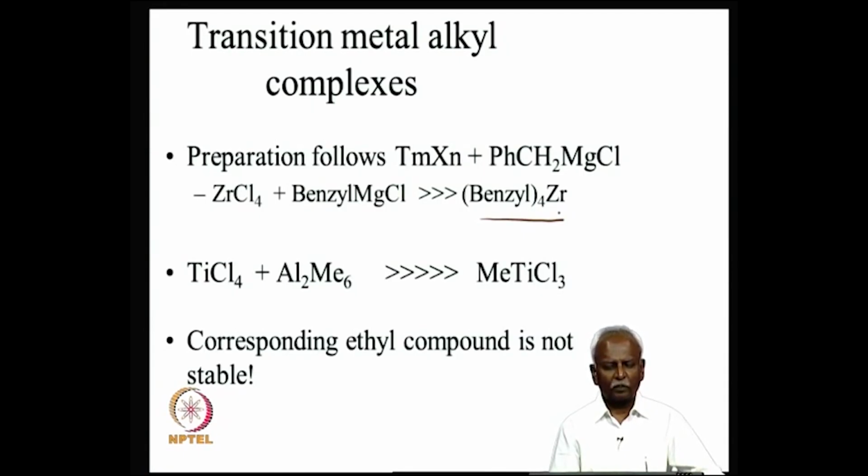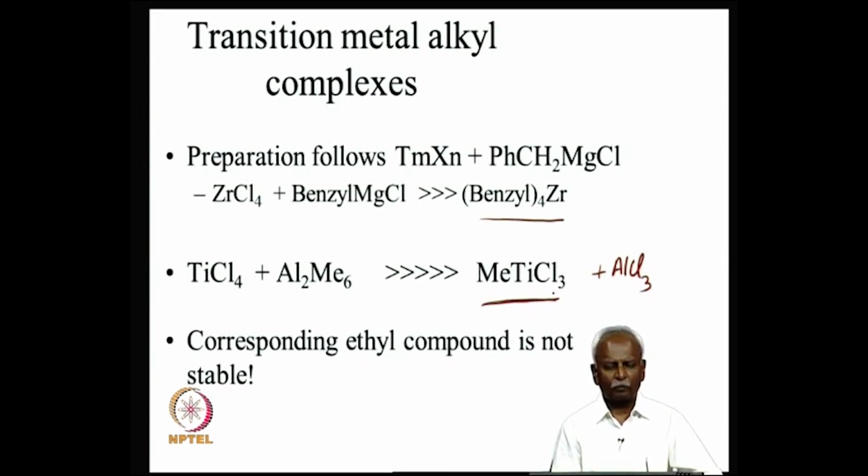And similarly, you can make the titanium species starting with a transmetallation reaction between aluminum and titanium. And since the aluminum chlorine bond is much stronger than the titanium chlorine bond, aluminum chlorine species is formed at the expense of generating a methyl titanium bond.